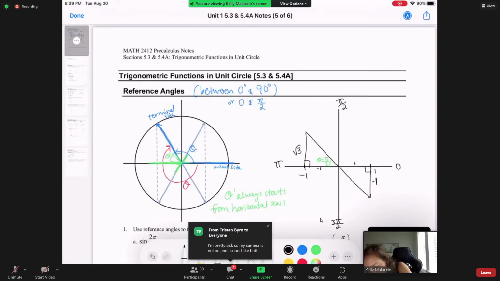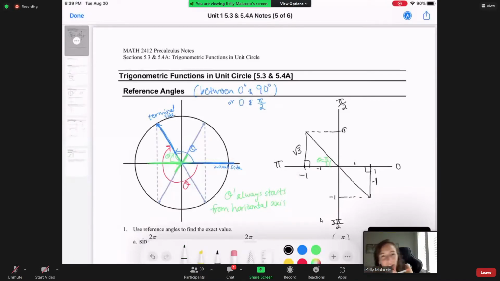So this is -1, but this is square root of 3. Because we want to look at the 30, 60, 90 and then the 45, 45, 90. So maybe I drew that a little inaccurately, and this line wouldn't necessarily be connected. But let's just pretend for now that they're a little bit off.